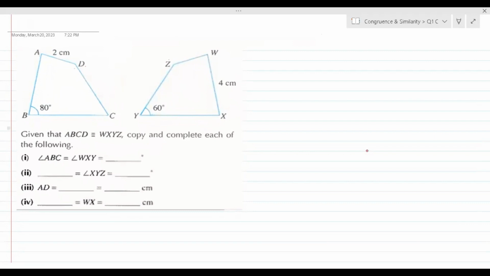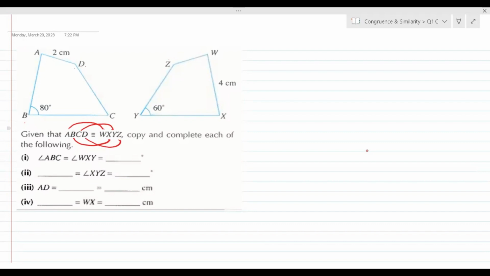In these questions, the first step you should always do is this: ABCD means that point A is the same as point W over here, then point B is the same as point X, so B is the same as X, then point C is the same as Y, and point D is the same as Z. Once we do this in the first step, it's very easy to locate the angles and everything.